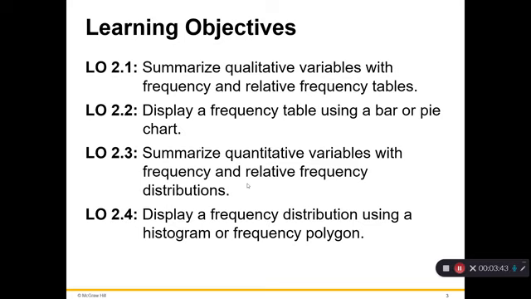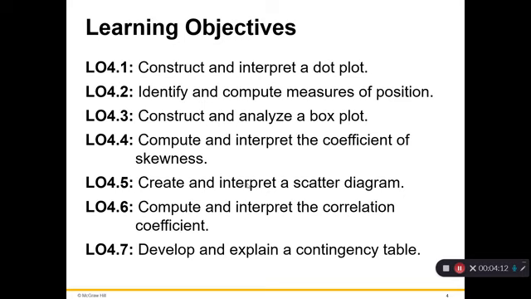A histogram displays data in contiguous bars indicating the frequency of each class, while a frequency polygon connects the midpoints of each class with lines to show the overall shape of the distribution. That's what we're going to cover in chapter 2.